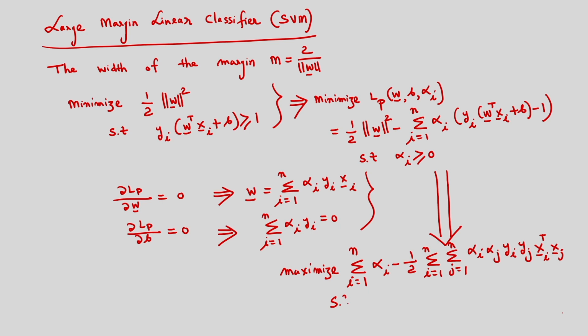Subject to the condition alpha i should be greater than or equal to 0, and another condition is summation over i is equal to 1 to n of alpha i yi is equal to 0. It is the Lagrangian dual problem.